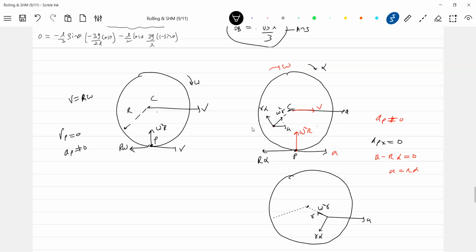I think here there is a possibility. Here it is not possible, but here there's a possibility. So somewhere in this region, the acceleration of this particular point will be 0.